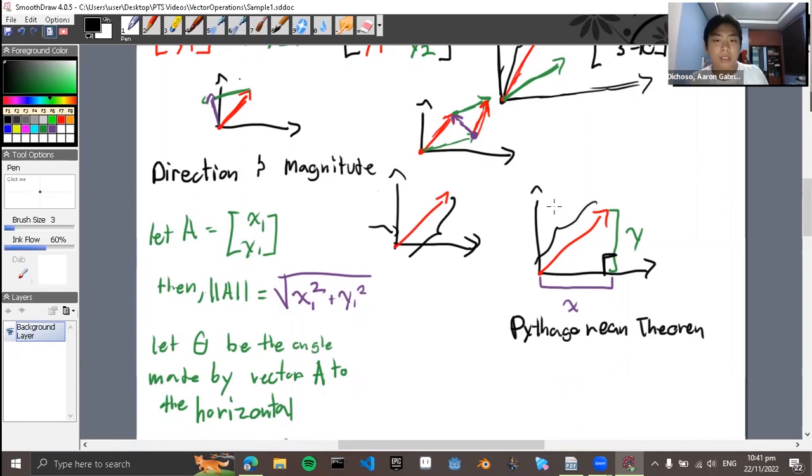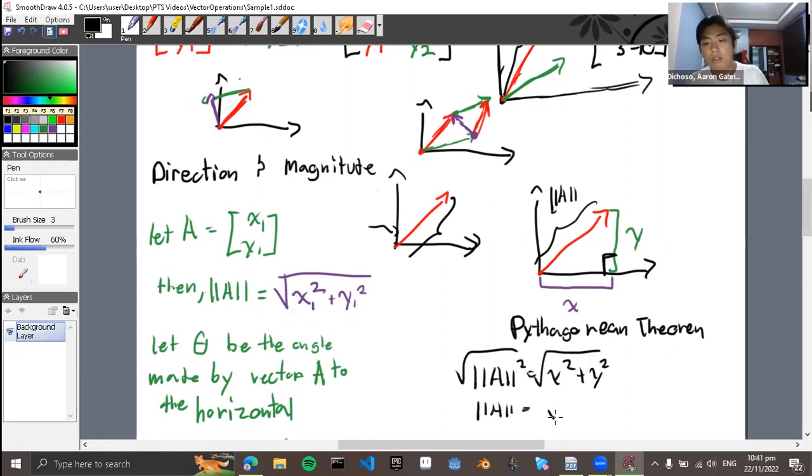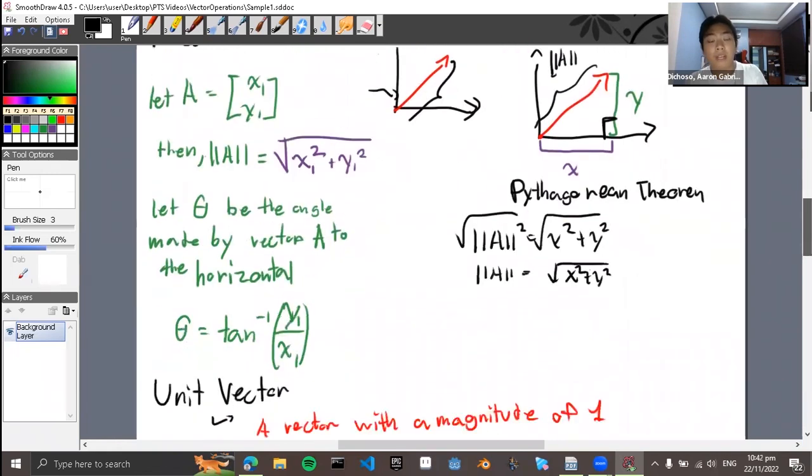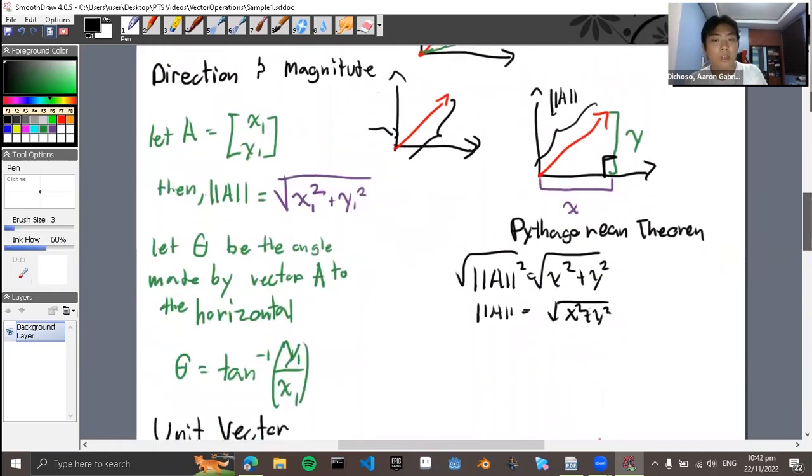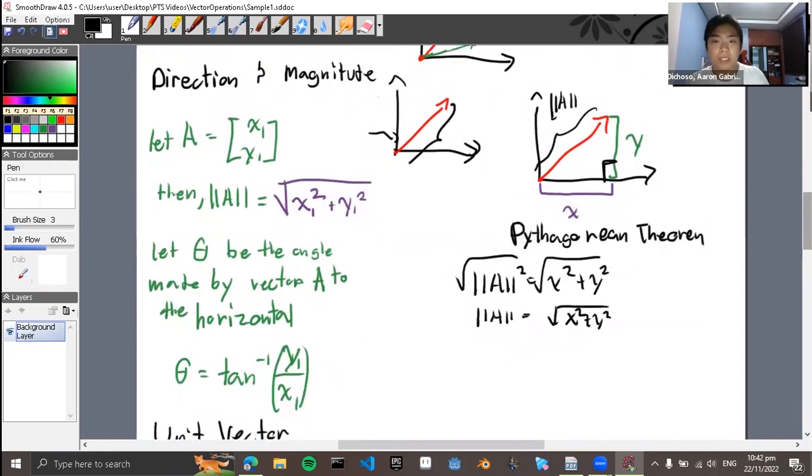Wherein, you can say here, sabihin nating magnitude na yan of A. The magnitude of A squared is equals to x squared plus y squared. You square root both sides, and you get magnitude of A is equals to the square root of x squared plus y squared.